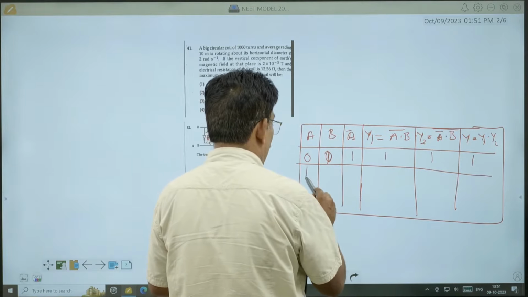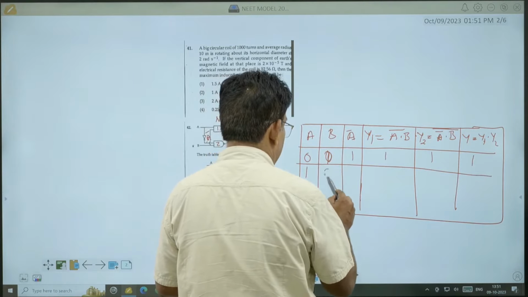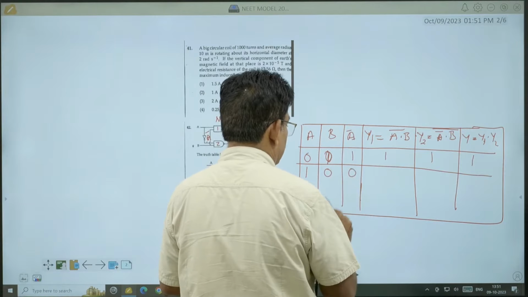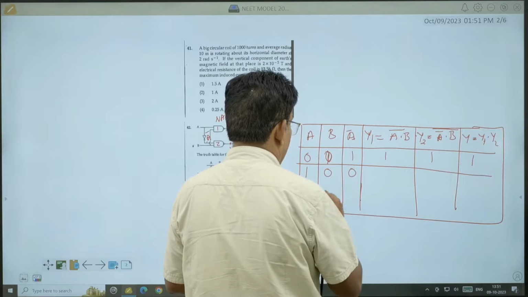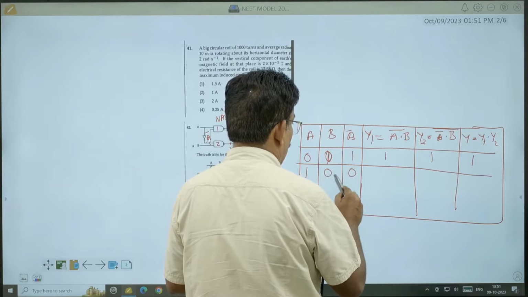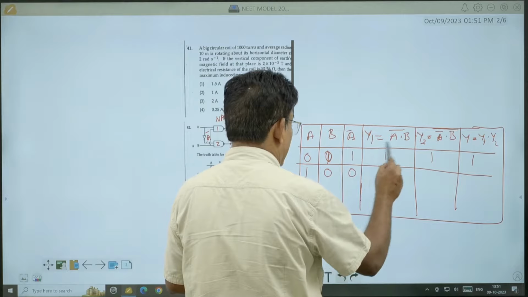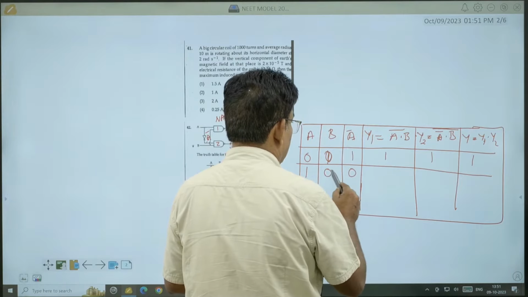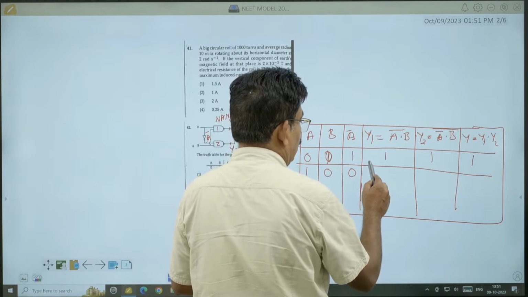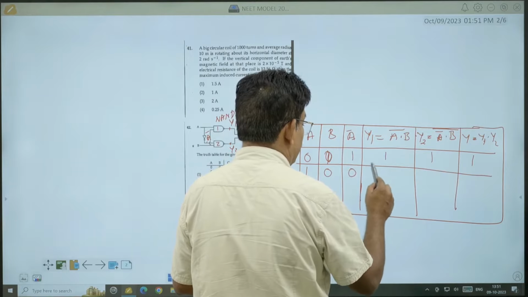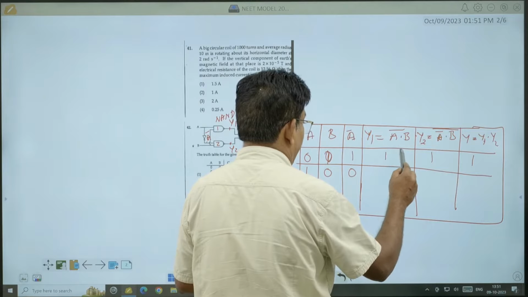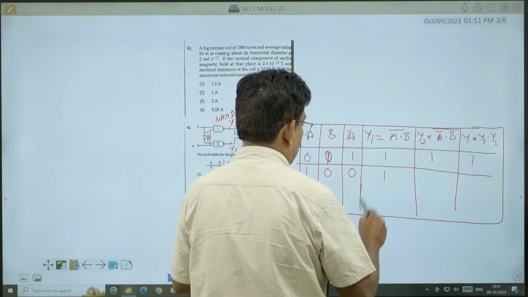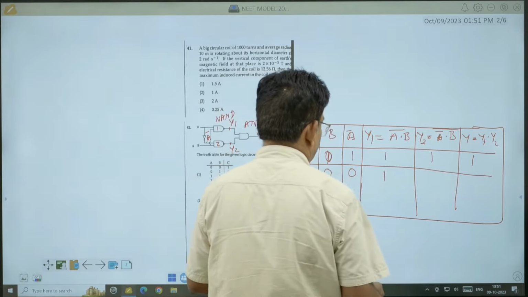Second, A 1, B will be 0, A bar will be 0. Y1 will be A and B bar. A is 1, B is 0. A and B will be 0. Y1 will be A and B bar. That will be 1. Y2.